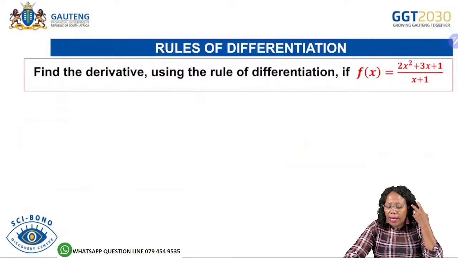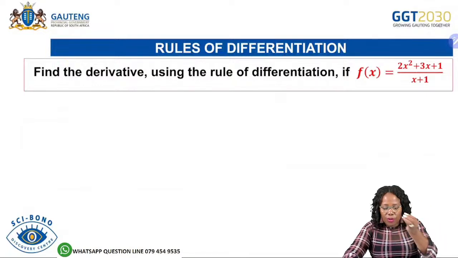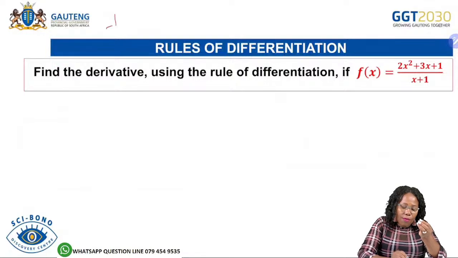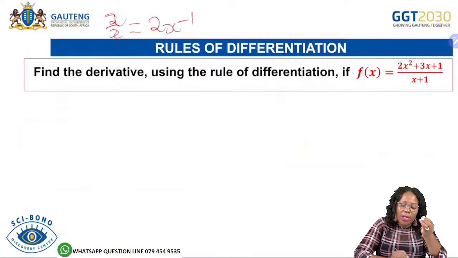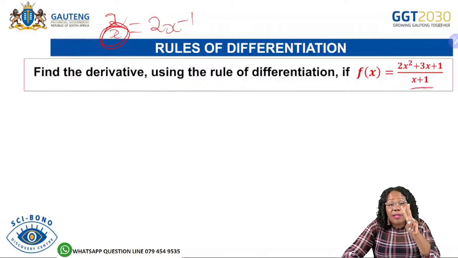Okay, the third type now. If you look at this type, you are having a denominator that is x plus 1. Remember, only if it is one term can we move it to the top. If you have 1 over x, or 2 over x, you can write 2x to the power minus 1. Why? Because it's only one term, x. But in this case, we are having 2 terms. It's a binomial.